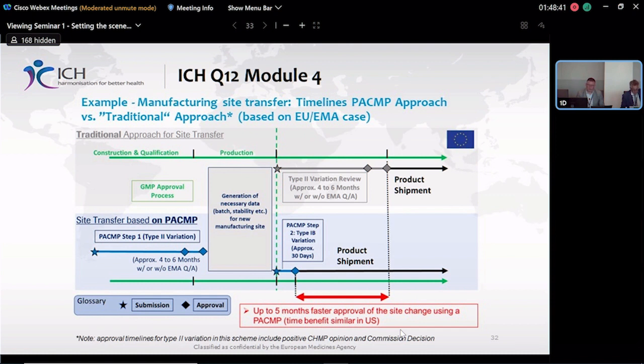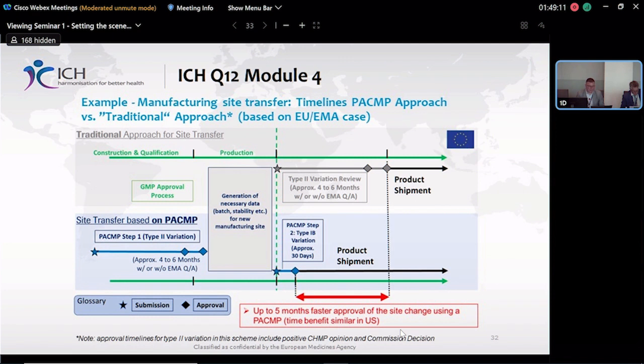So by using a change management protocol, they managed to get the product to patients 5 months earlier than they would have if they waited and submitted a variation in the traditional way. So the use of protocols to decouple the steps of the planning and the data generation, and to give earlier feedback to the manufacturer, will absolutely facilitate faster approval timelines.